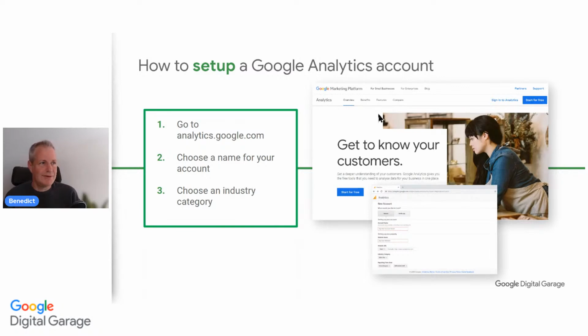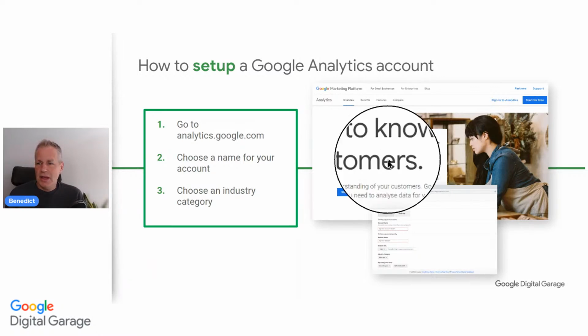So you go to analytics.google.com. You choose a name for your account, choose an industry or category. And of course, the name for your account is normally, if you have a business, the name of the business. Then choose an industry category, you go through all of these different steps.